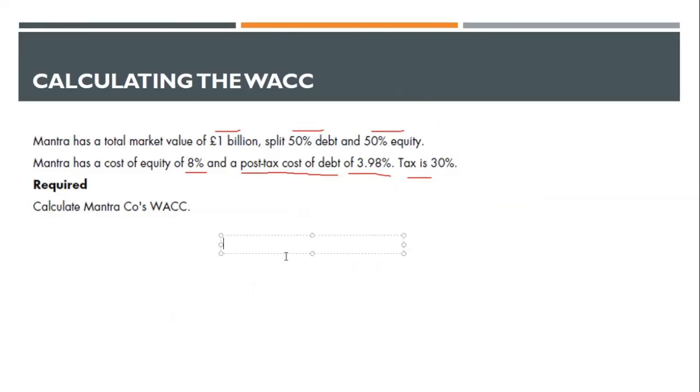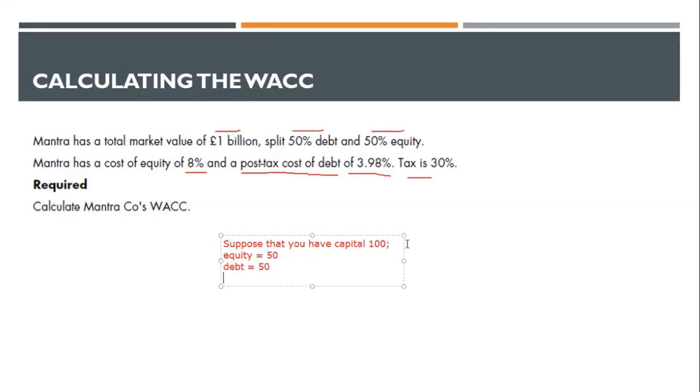We said that value of equity divided by total capital multiplied by the cost of equity. So suppose you have capital of $100, because they don't tell us how much it is. They just said 50% equity, 50% debt. So if my total capital is 100, then my equity is 50 and my debt is also 50.